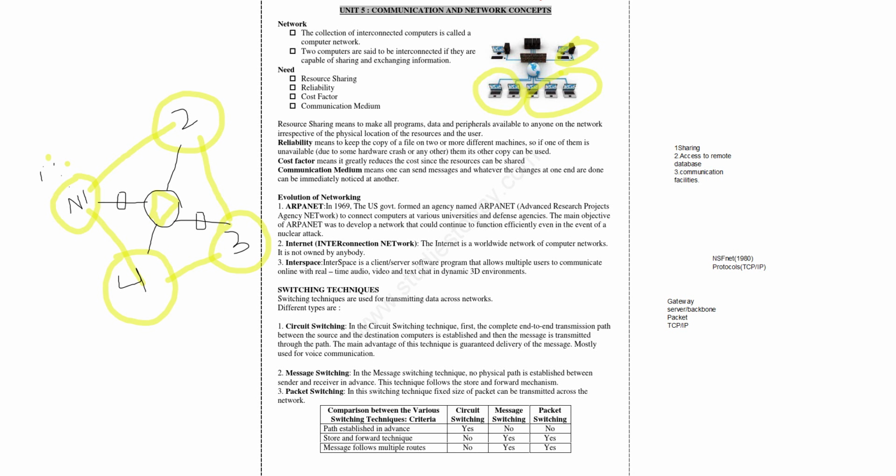Now, Interspace. Interspace is a client-server software program that allows multiple users to communicate online with real-time audio, video, and text chat in a dynamic 3D environment. Or we can say that Interspace provides the most advanced form of communication available on the internet today.